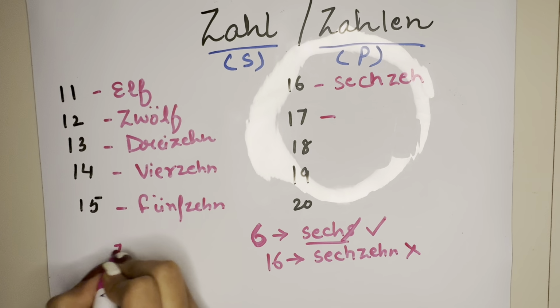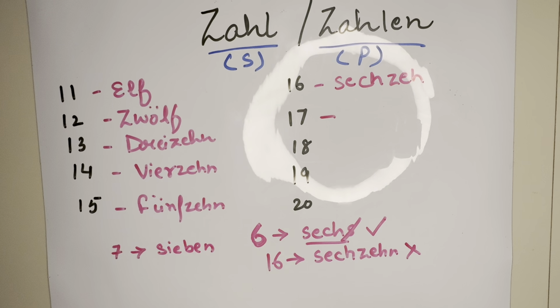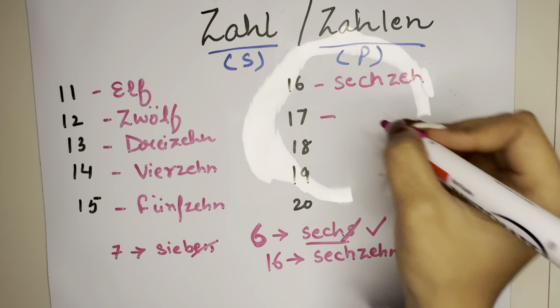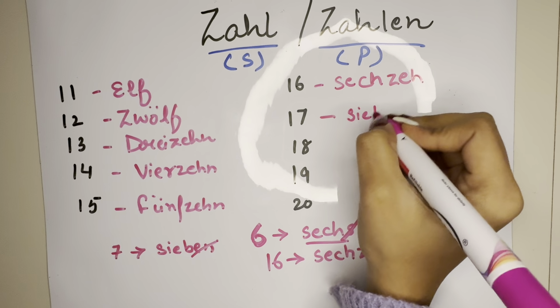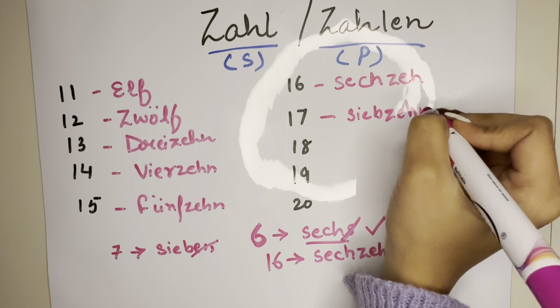Similarly, how do we write 7? Sieben. So when we write 17, we don't include the en and we just write siebzehn.